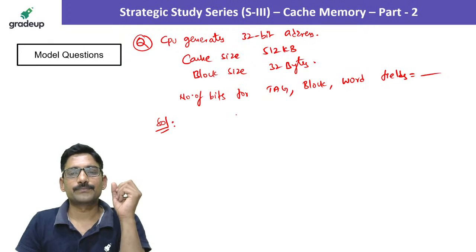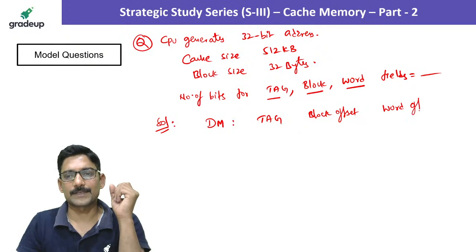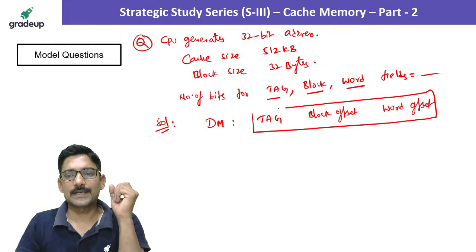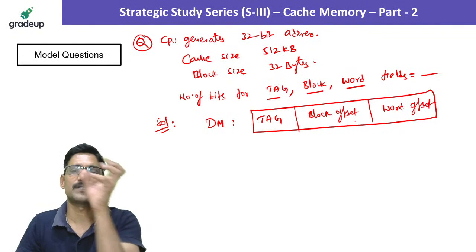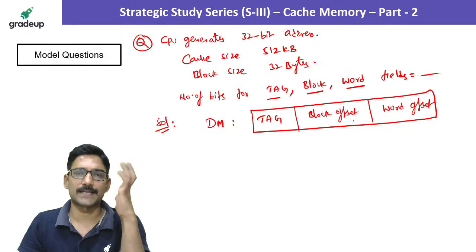We know tag, block, word are given means it is a direct mapped cache. What is the interpretation? Tag, block offset, word offset. Always guys remember, when we are finding the number of bits, you should start from LSB, not MSB. Means first word offset, then block offset. Remaining will be tag.